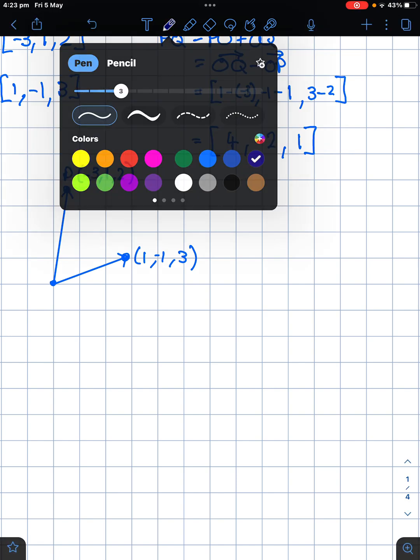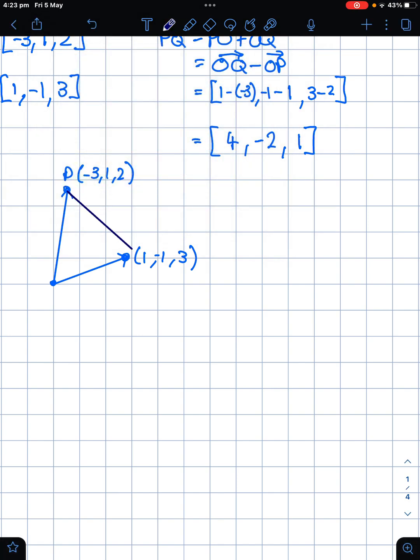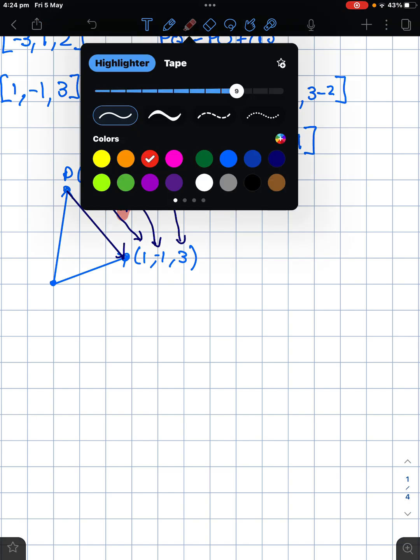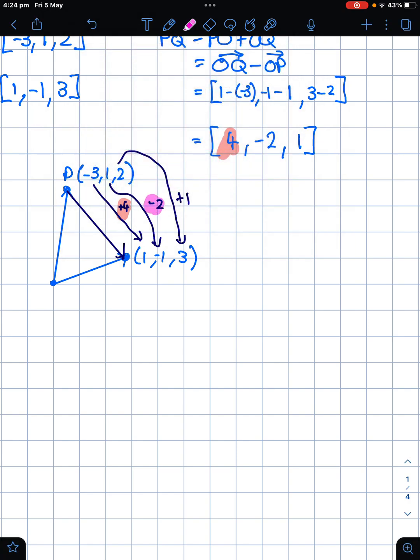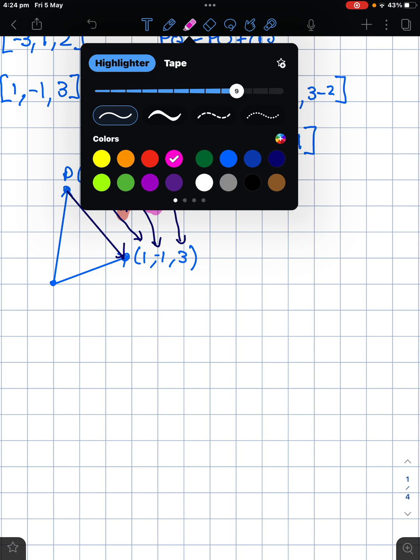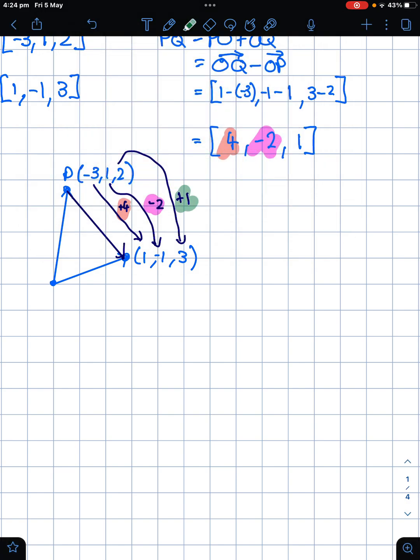To consider this, I just want you to consider we've calculated P to Q, so you'll notice here 3 to 1 is a +4, 1 to -1 is a -2, and then 2 to 3 is a +1, and that 4 lines up with this, the -2 lines up with this, and the 1 lines up with this.